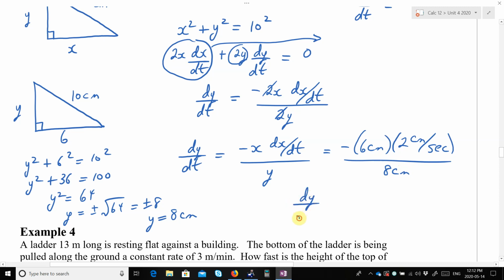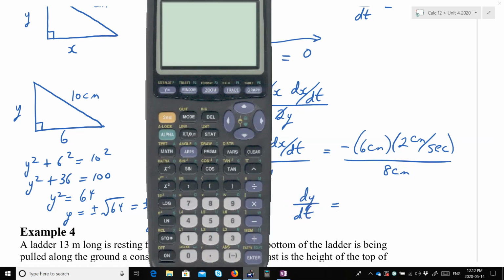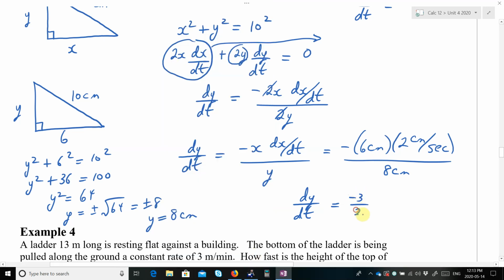And so the change in y with respect to time is equal to -6 times 2 divided by 8, and we get -1.5 as a fraction. It's -3/2. And that is going to be centimeters per second. Okay, and the negative means that that length is decreasing in size.